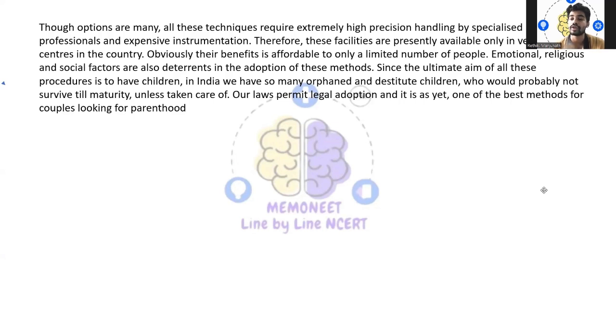So these might also lead to many occurrences of diseases. By following the best methods and proper parenthood, one can become pregnant, or have their children by using the techniques that I have discussed.